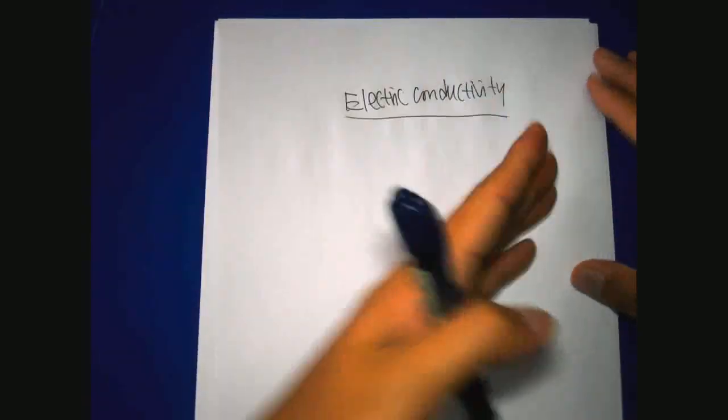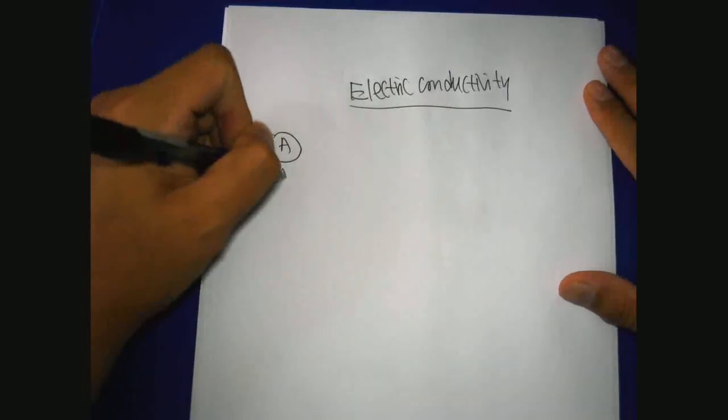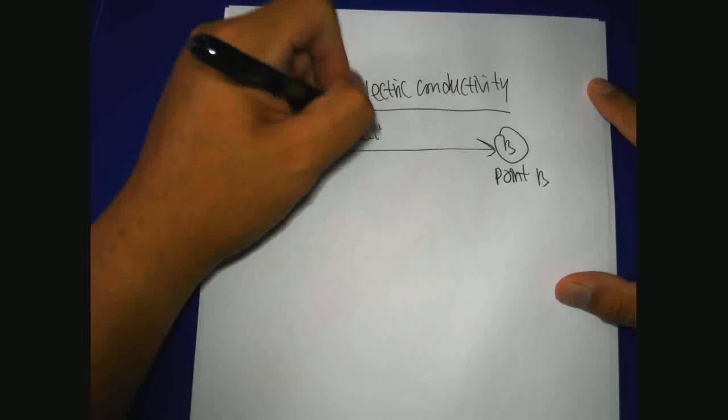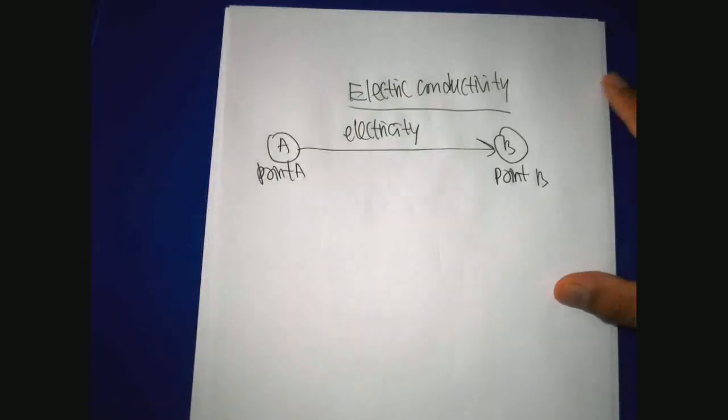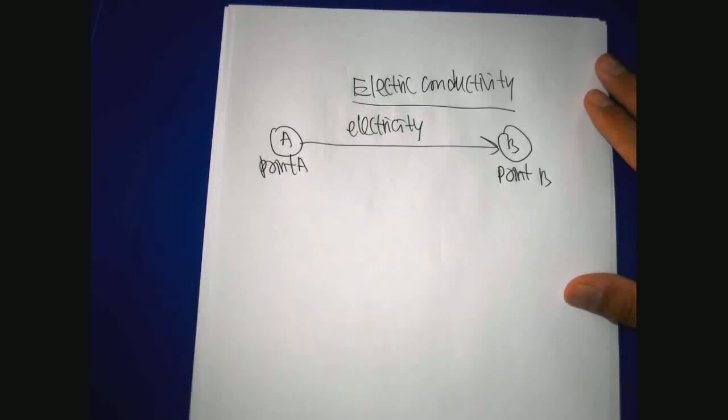If we want to carry electricity from one point to another point, this is point A and this is point B. You need somebody to carry the charge for you.